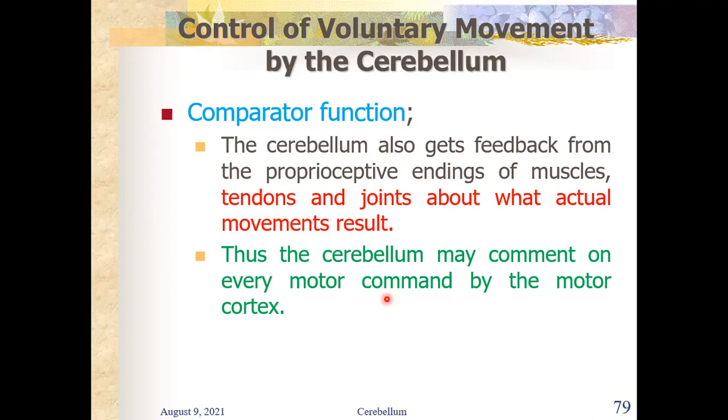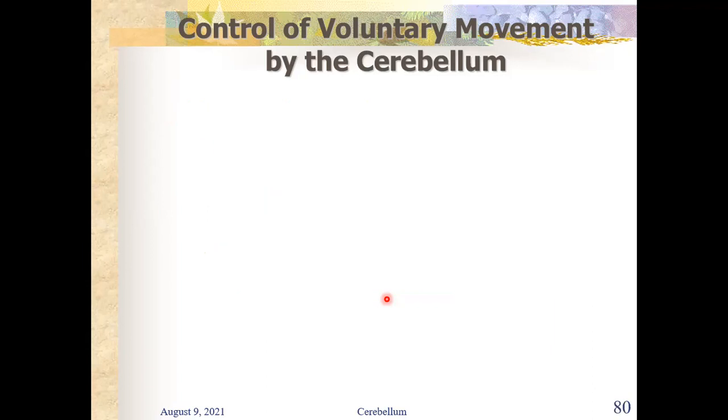As a result, the cerebellum will compare what is going on in the skeletal muscles and what the cerebral cortex is sending to the cerebellum. So in this instance, the cerebellum may comment on every motor command via the comparator function.